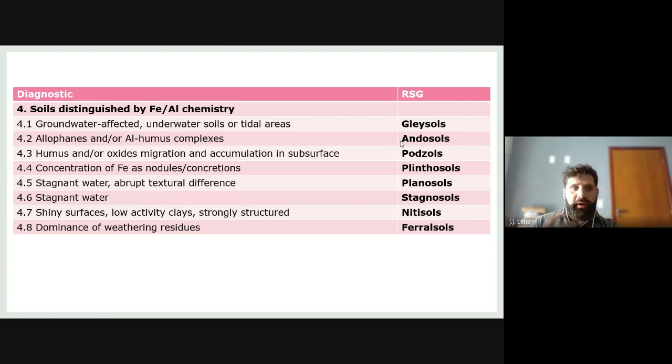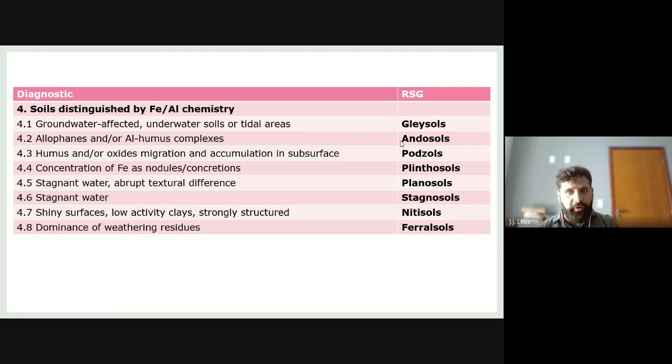We also have those soils that suffer through time the migration of soil organic matter and or iron and aluminum oxides from the surface to the subsurface horizon, and those soils present an accumulation of this soil organic matter and or oxides in the subsurface, and those soils are classified as podzols.